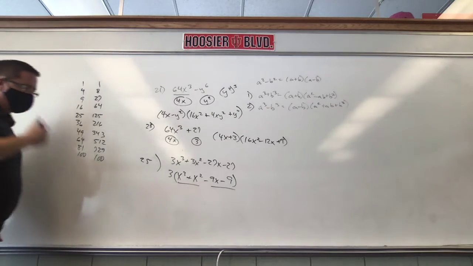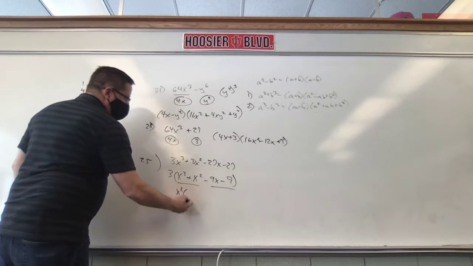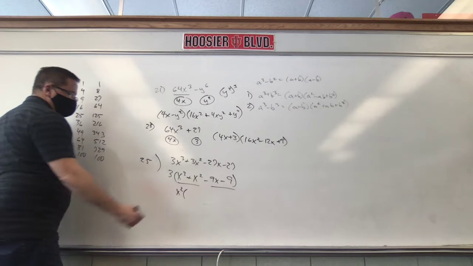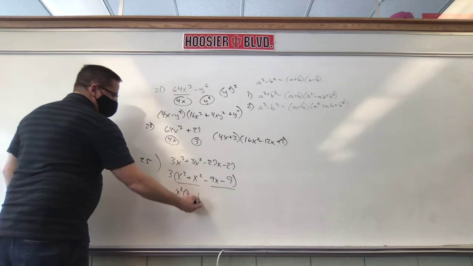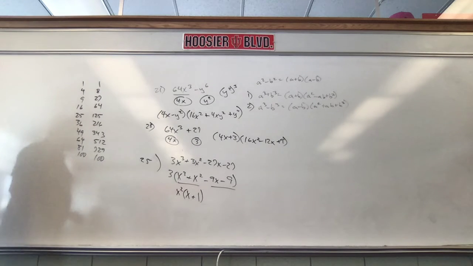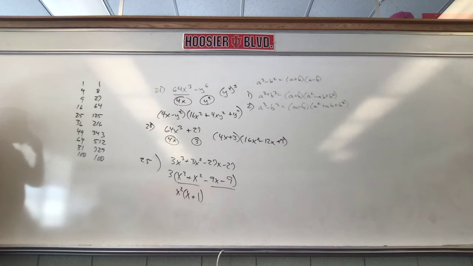The more the better. So put down x squared times what is x cubed? X plus x squared times 1 gives you x squared. There's a lot of algebra 2 review in this one question right here. What can I factor out of the other 2 terms? 9. Definitely 9, but what? Negative 9. Why?